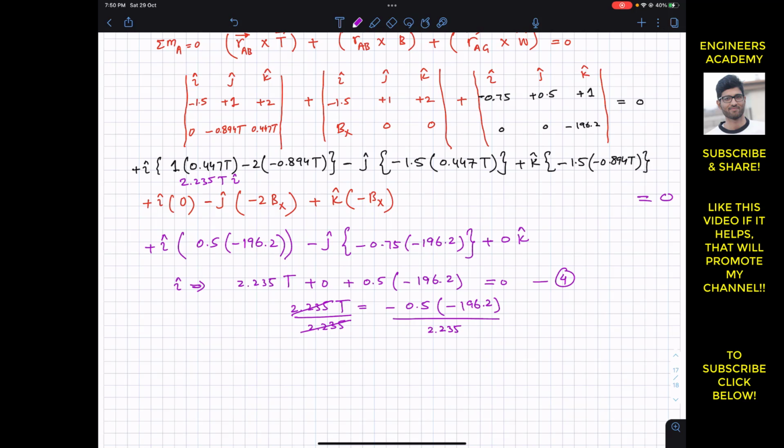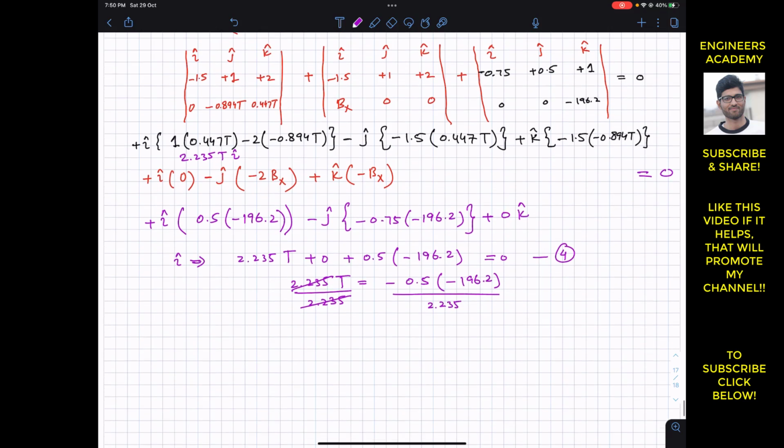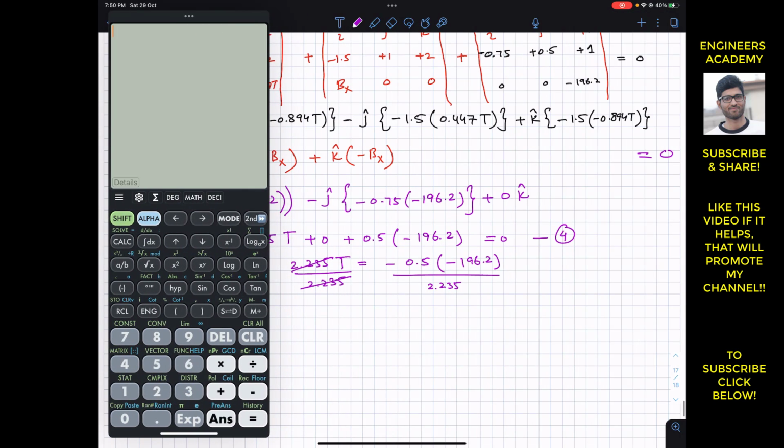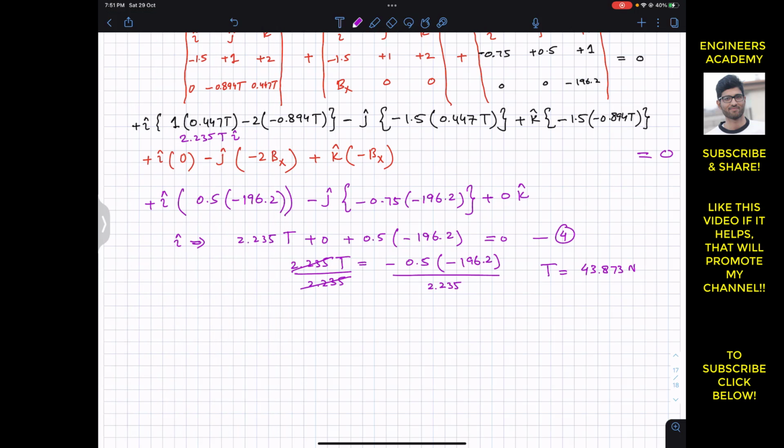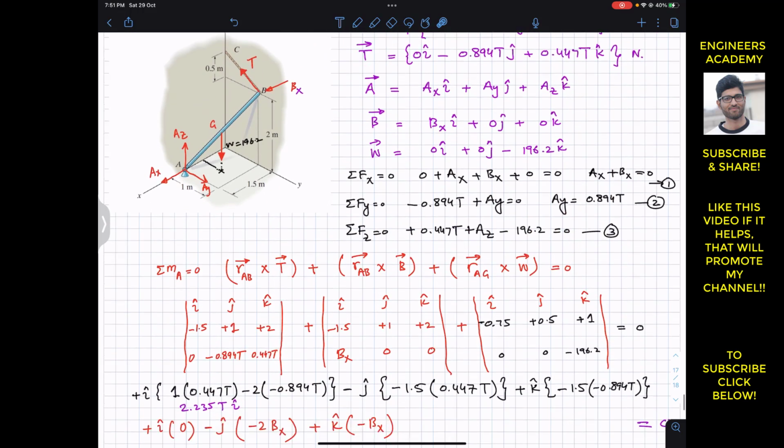So t is minus 0.5 into minus 196.2 divided by 2.235. This gives us t equal to 43.873 newtons. So now we have obtained the t value, the tension in that rope from B to C.